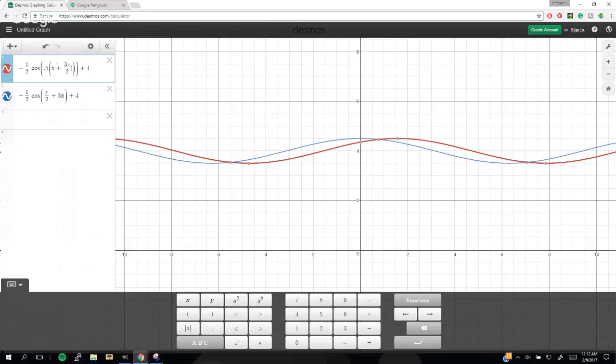So what is 3 pi divided by 2? 3 pi divided by 2 is just 3 pi halves.